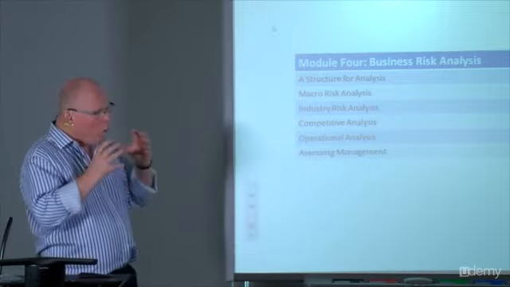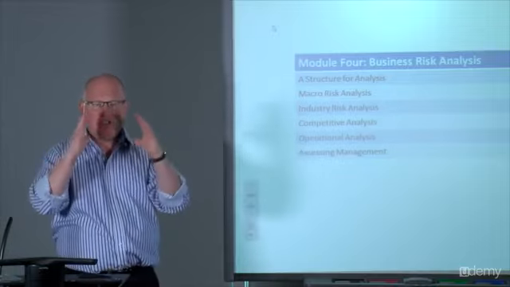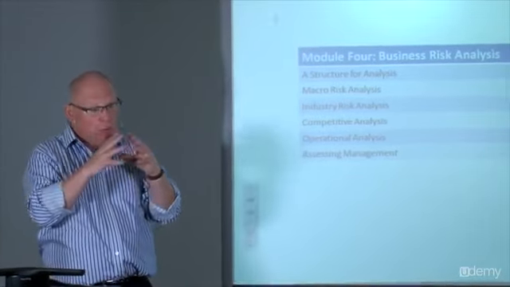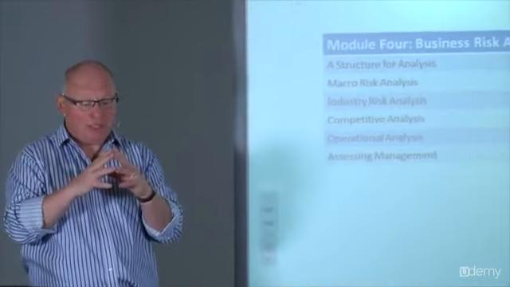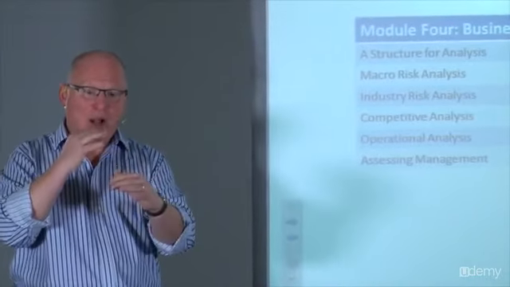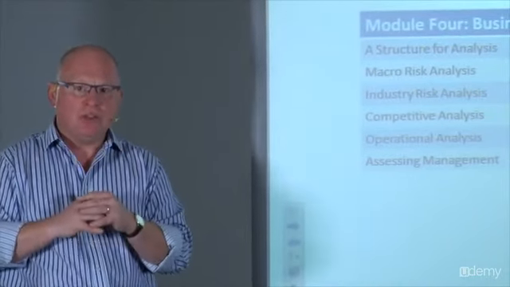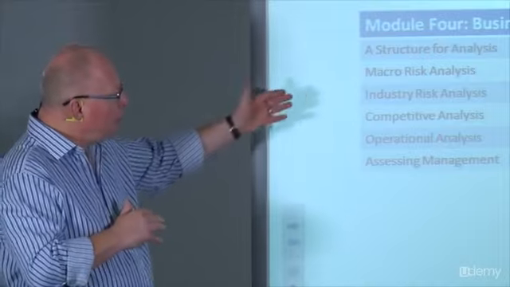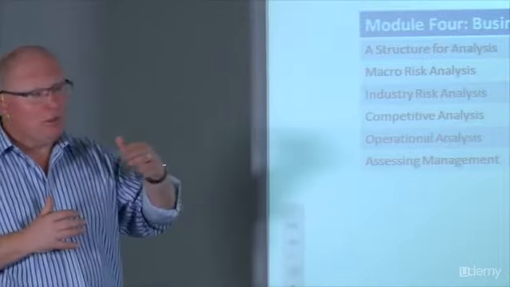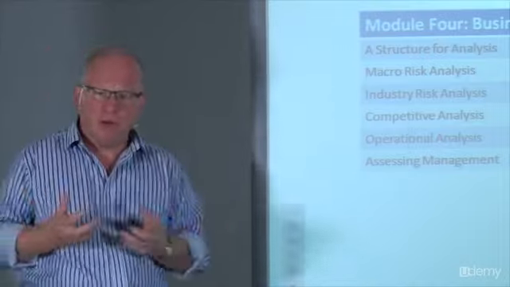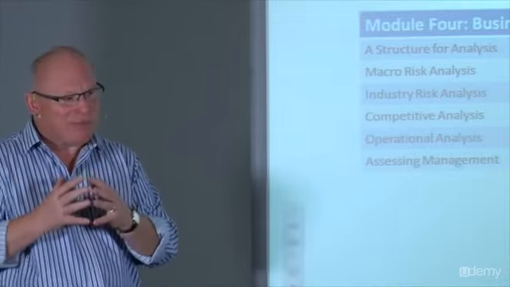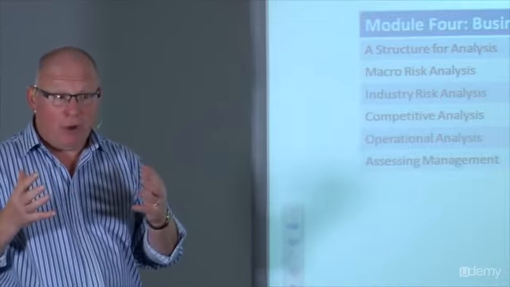Now, what we need for this, again, is a structure. So we will look at the structure for assessing business risk, and again, we will break it down to its constituent parts. We're going to start from the top. We'll start from general risks that the business may be impacted upon.